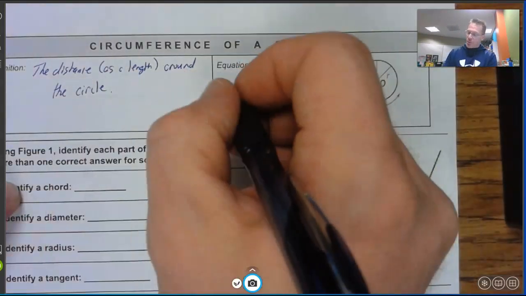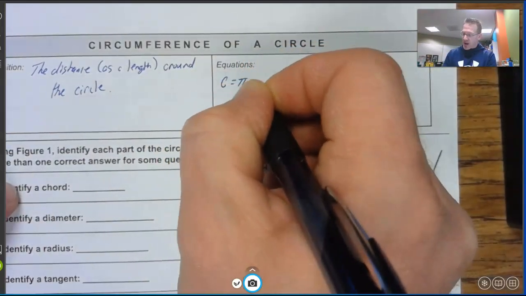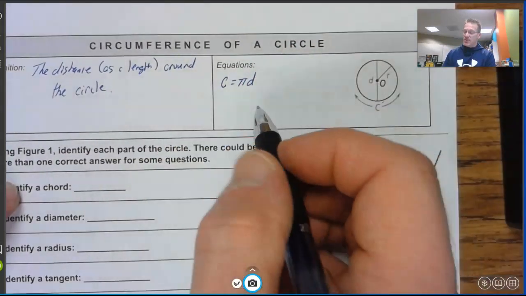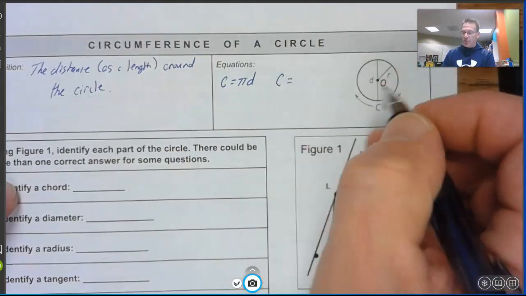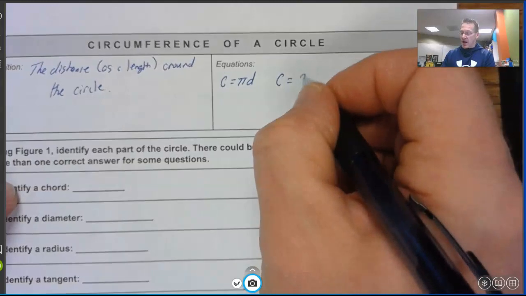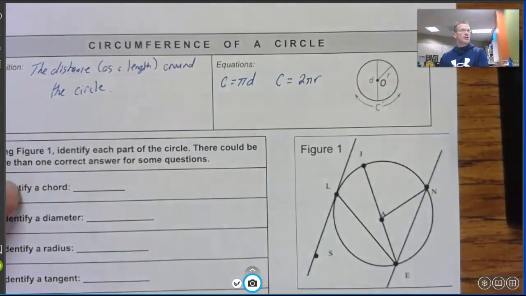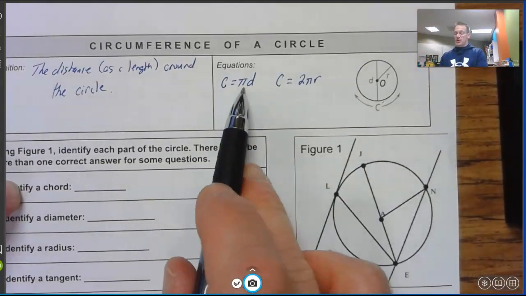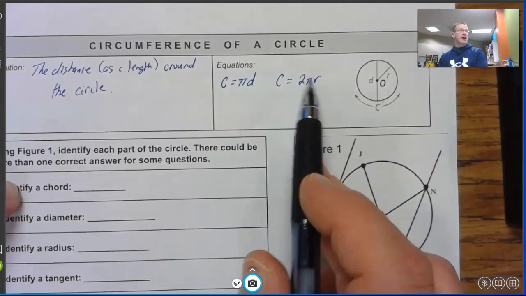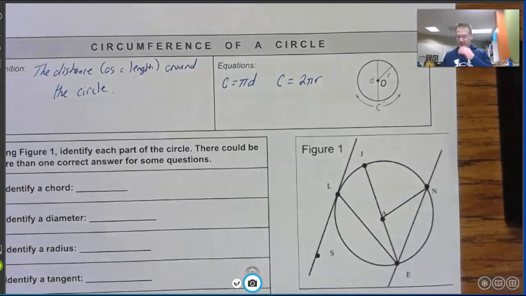One way is circumference is equal to pi d, and d is the diameter. Sometimes you don't have the diameter, sometimes you have the radius, and it takes 2 radii to create the diameter. So now we just have 2 pi r. Depending on the information you have, if I have the diameter, it's just pi times the diameter. If I have the radius, 2 radii make that diameter, and then times pi.